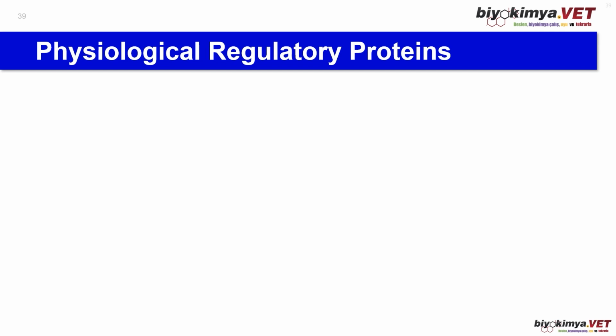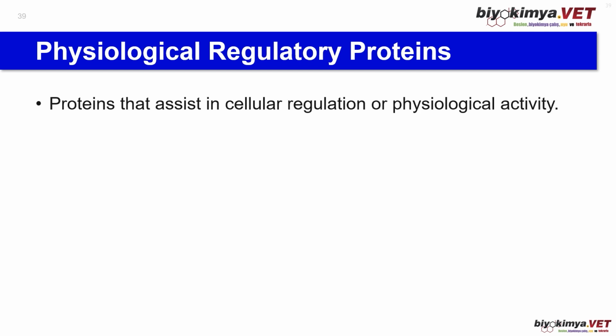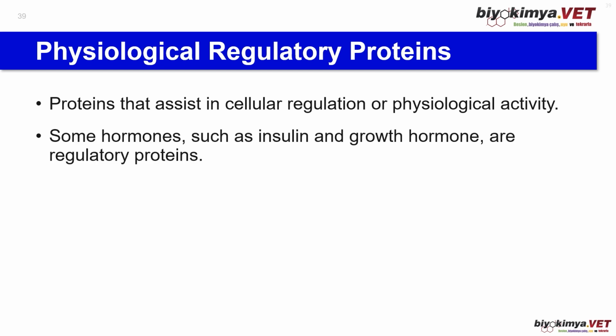And the last member of the functional classes of proteins, the physiological regulatory proteins. Proteins that assist in cellular regulation or physiological activity. Some hormones such as insulin and growth hormone are regulatory proteins.